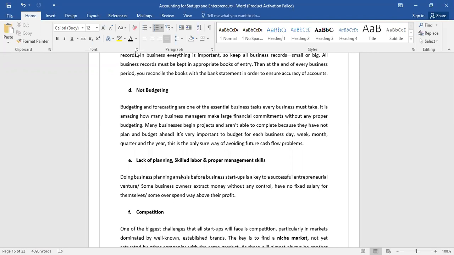All right. So you can budget for a day, you can budget for a week, you can budget bi-weekly, you can budget monthly, you can budget on a quarter basis, and you can budget yearly. It's important that you analyze your business, know your business very well, and see how you can budget. The fact that startup A is budgeting for 3 months doesn't mean that you should also budget for 3 months.